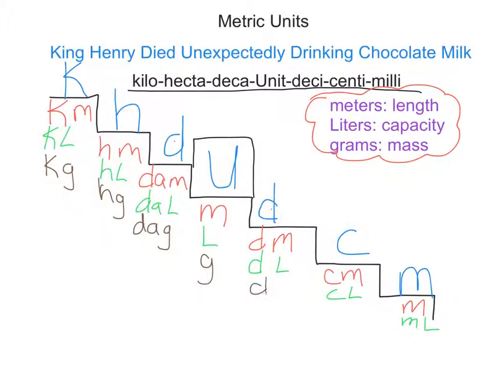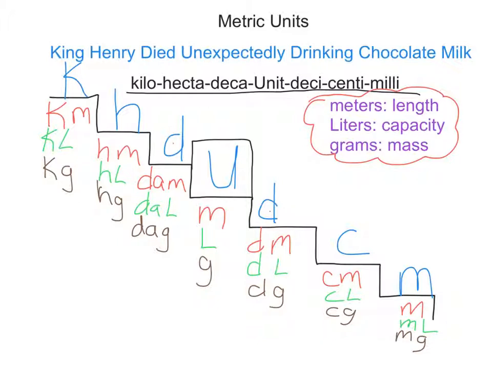Grams, decigrams, centigrams, and milligrams. And we use this chart for our metric conversions, and it helps us understand that as we go up the staircase, our metric units get larger, and as we go down the staircase, our metric units are getting smaller.